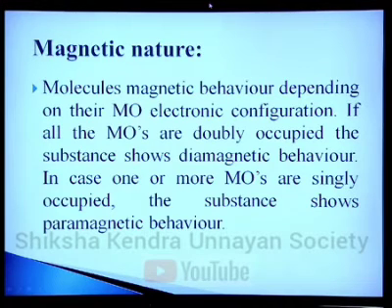Magnetic nature, as I have already told you, depends on the molecule's electronic configuration. If all the molecular orbitals are doubly occupied, the substance shows diamagnetic behavior. If one or more molecular orbitals are singly occupied, the substance shows paramagnetic behavior.